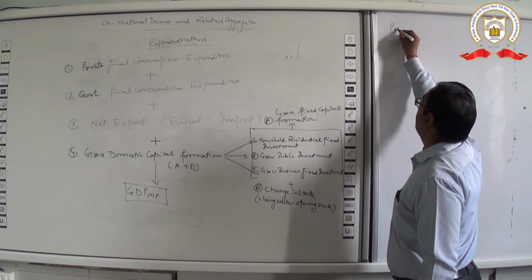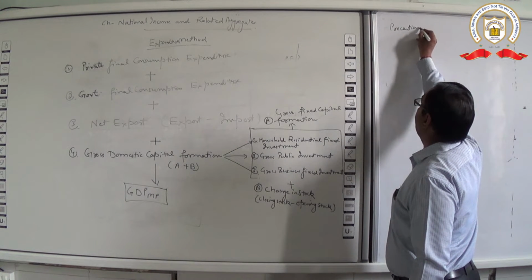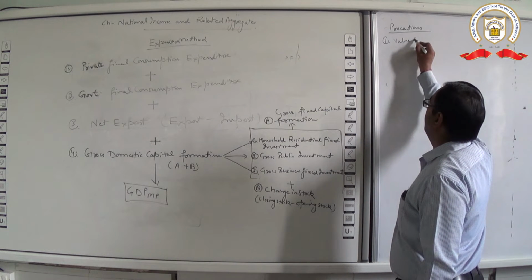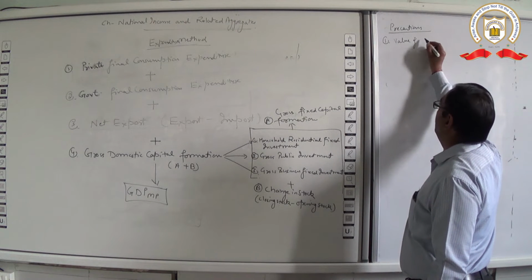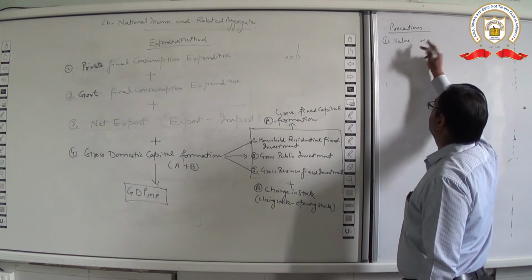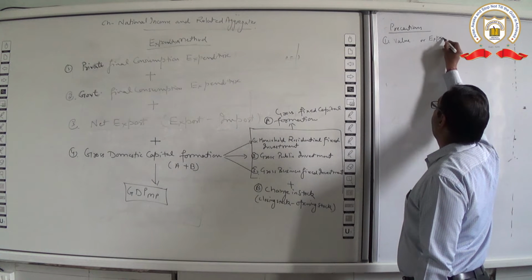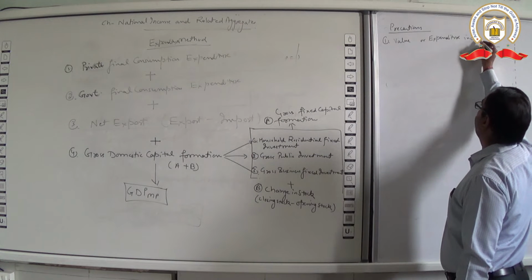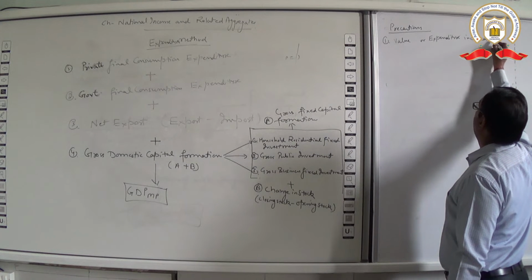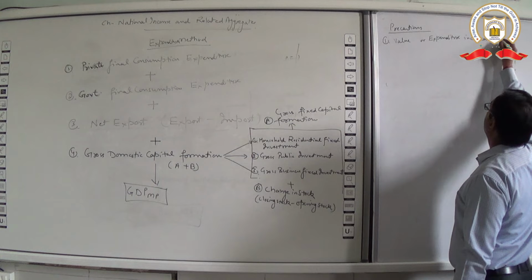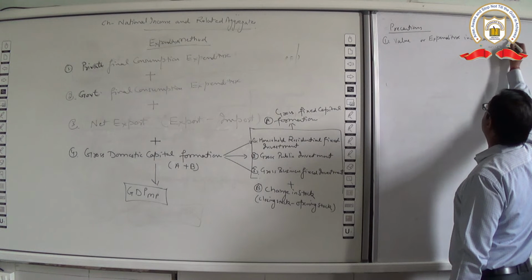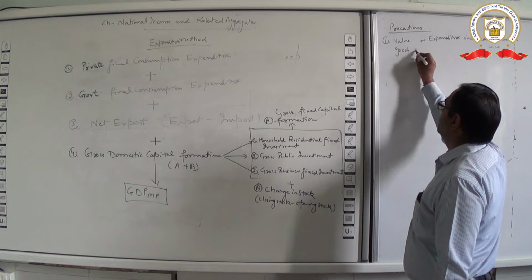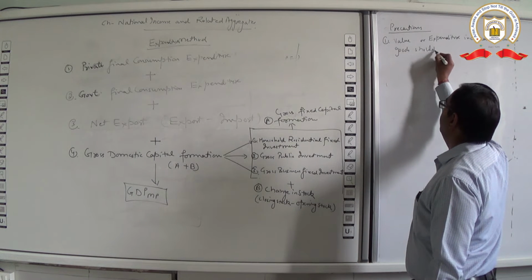Precautions. First, value or expenditure incurred on intermediate goods should not be included.